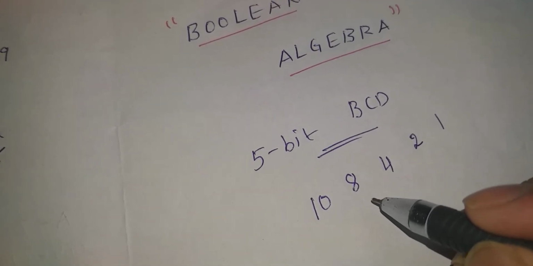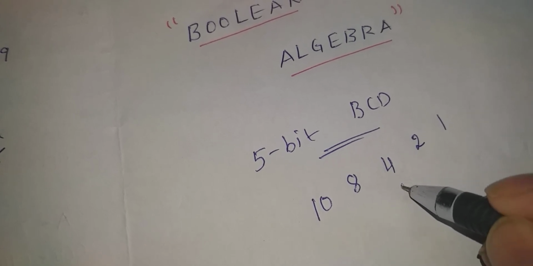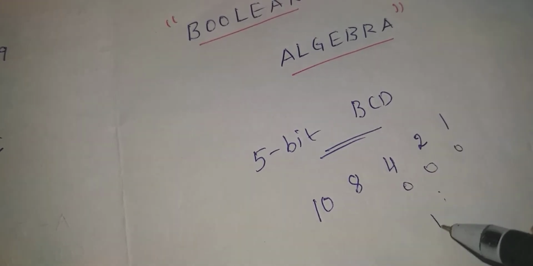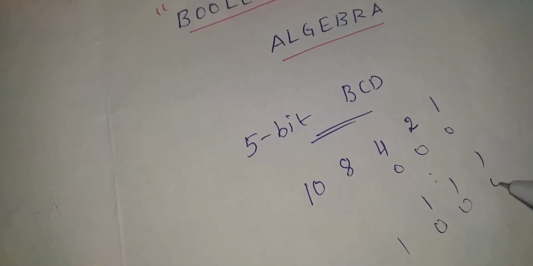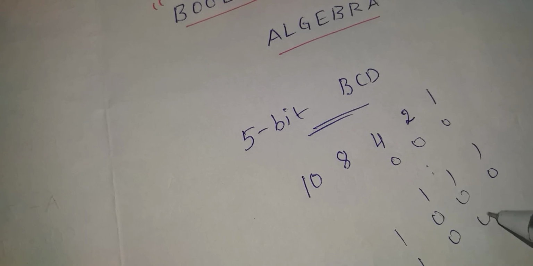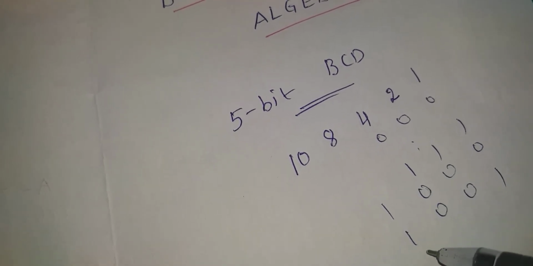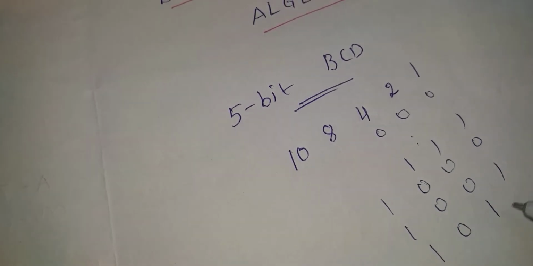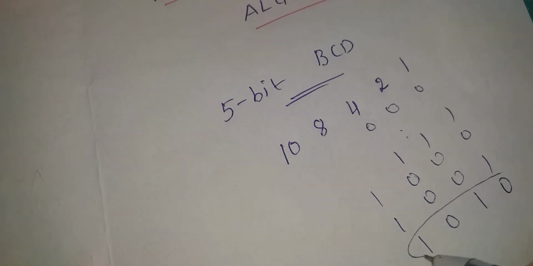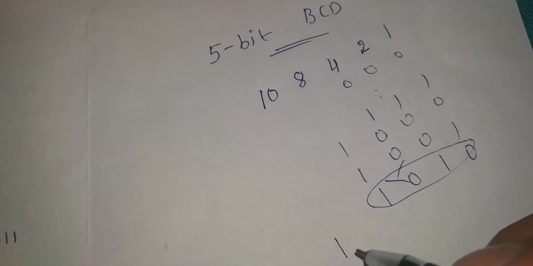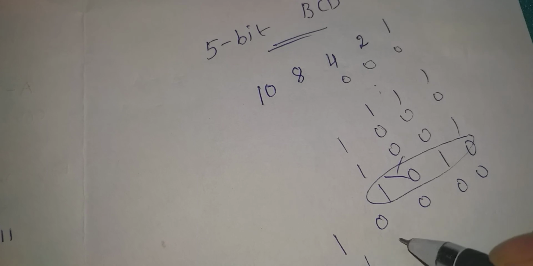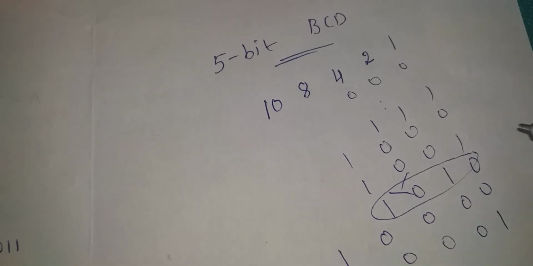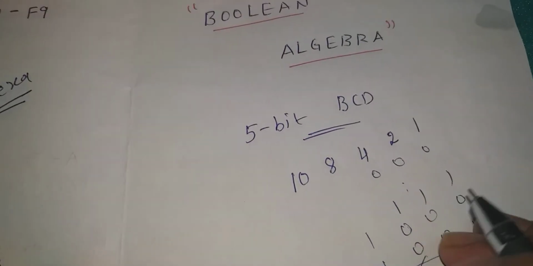That means after completion of 000 and so on up to 7, we will start 8 here, then go to 9 here. Then actually we would write 10 like this, 1010. But for 5-bit BCD you should not write like this. You should write like this, 10000, and thereafter 10001 and so on. This is the 5-bit BCD code.